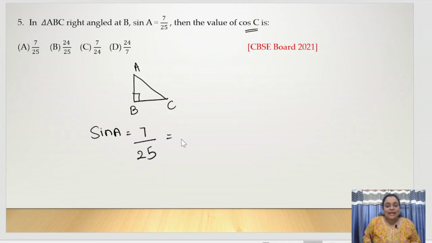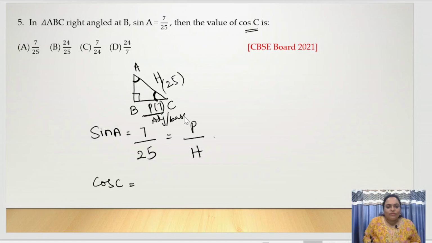We know that sin A is nothing but perpendicular by hypotenuse. From the diagram, this is the angle A, so the side opposite will be the perpendicular and this will be the hypotenuse. So this is 7 and this is 25. Let us find the value of cos C. This is the angle at C, and for C this will be the base.